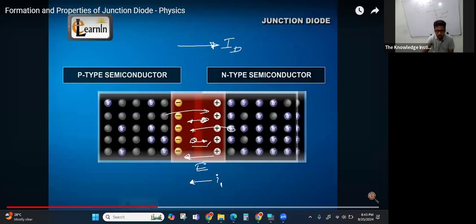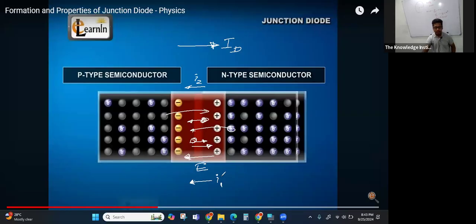Then the electrons will move in this direction due to this electric field. When electrons are moving this direction, we consider the current to be opposite to the movement of negative charges. So the current will be in this direction. Let's take this current as I2.